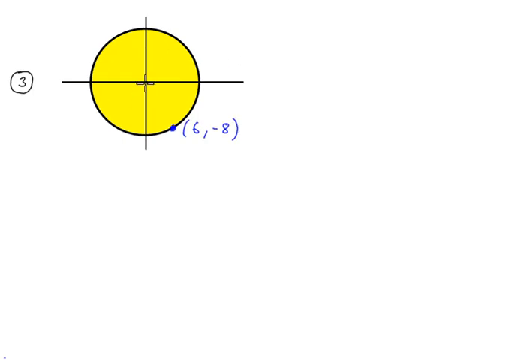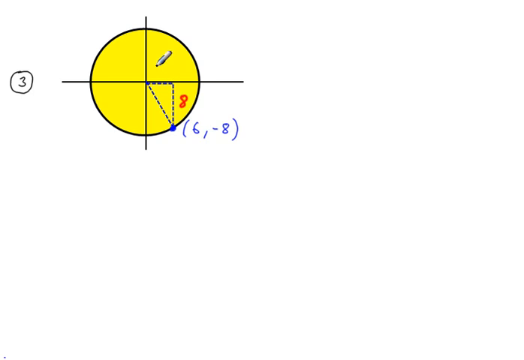This circle here has this radius. So it's just drawing the right-angled triangle there. So in the right-angled triangle, this side here is the y-coordinate. So this side is represented by 8 units.